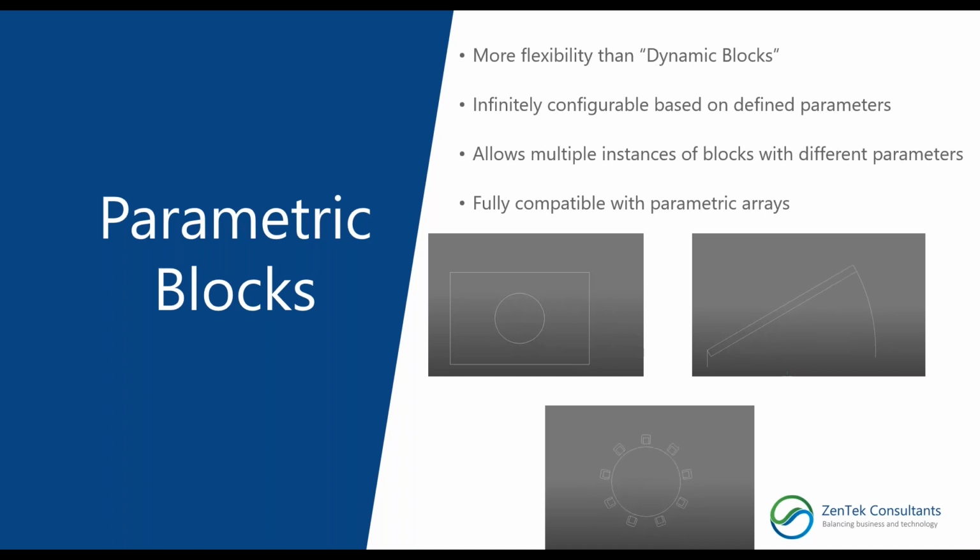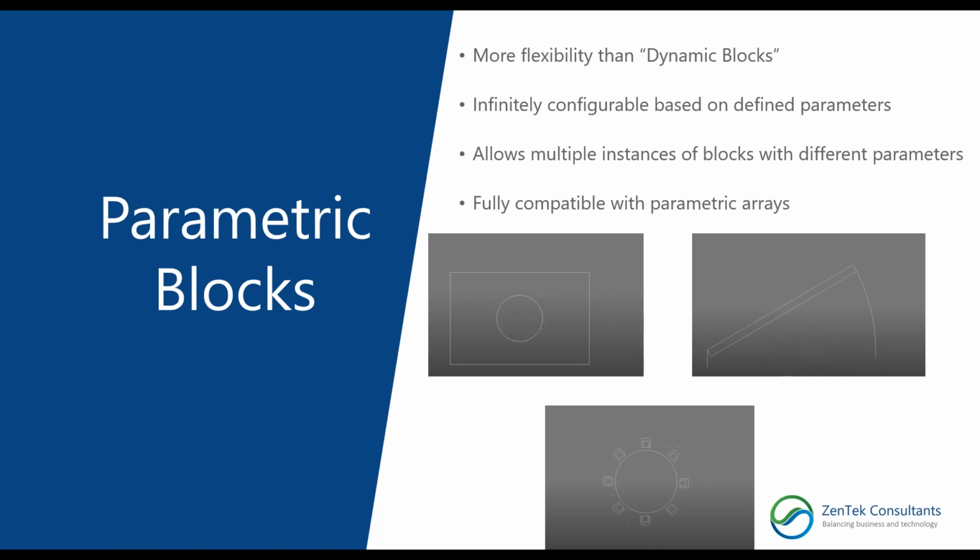That way, instead of creating several different types of the same block just to incorporate them into a single dynamic block, you're able to create a single definition and give it enough parameters so that this one definition can give you more flexibility. So, which leads me to my next point.